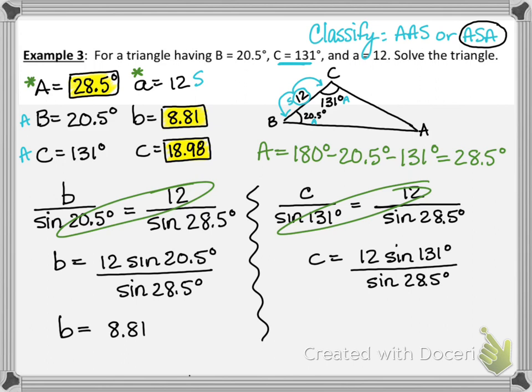Okay, so notice that the approach for a classification triangle of angle-side-angle is the same approach to solve these types of triangles, these oblique triangles. You first find the missing angle because you've already been given 2, and then you set up proportions using the law of sines to solve for the 2 lowercase letters, which are the lengths of the sides.